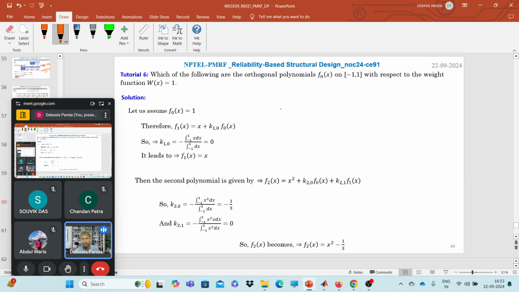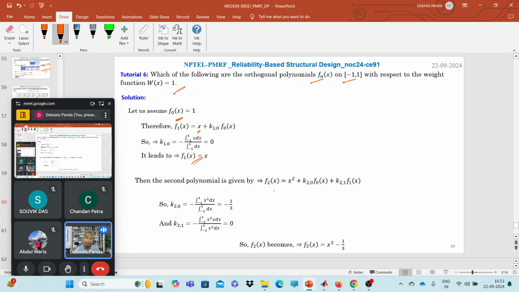Now the next problem. You have one orthogonal polynomial. The range is given. The weight function is also given. So f0(x) is 1. For f1(x), the leading term is k10 into f0, minus the integral of x dx, which will give you 0. So f1(x) will be x.